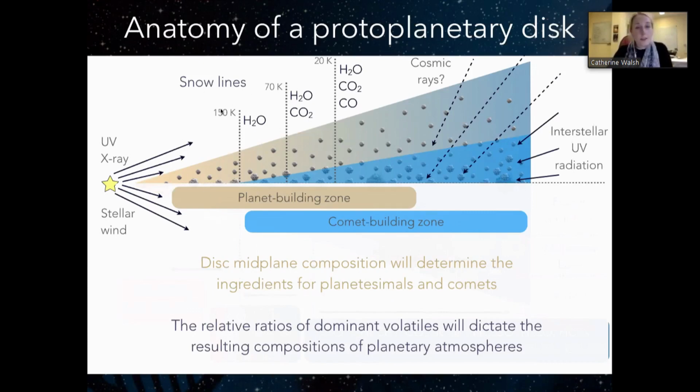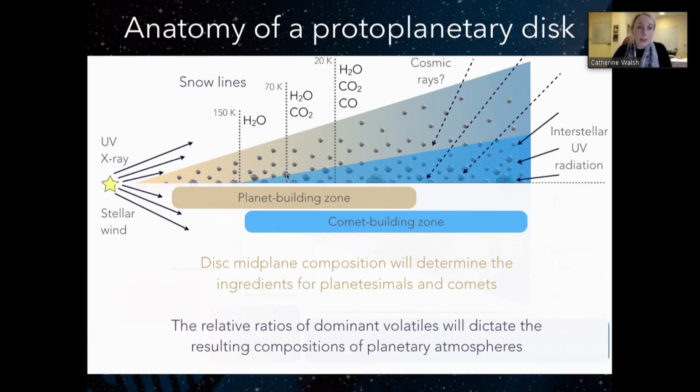One of the most important ones is the water snow line, and especially for the formation of our own solar system. The theory is that the giant planets were only able to form because we had a water snow line that vastly increased the amount of solid material beyond it and allowed the gas giants and ice giants to form. Other molecules have snow lines too, so here you can see at 70 Kelvin, around that, the CO2 snow line, and then further out in the coldest region of the disk, about 20 Kelvin, we have the CO snow line.